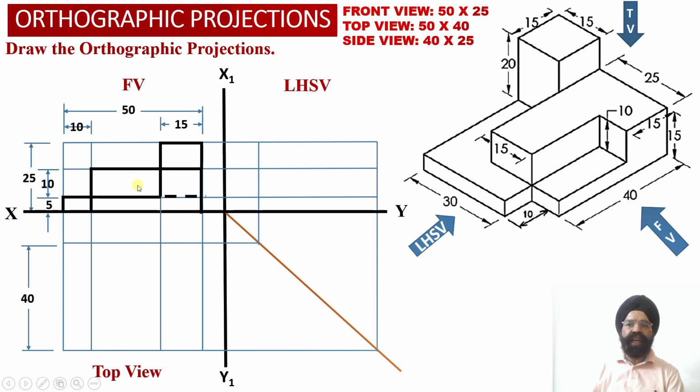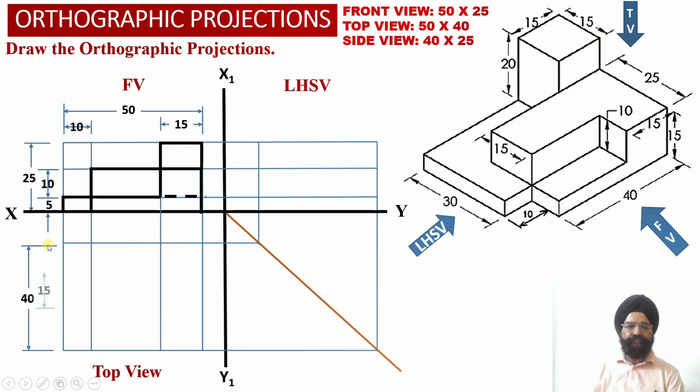Now let us proceed to evaluate the top view orthographic projections of the solid. As we look at the solid from the top, we observe that the square prism, that is element number 3, is lying on the rear side of the solid over here. Here we have the depth of element number 3 equal to 15 millimeter.